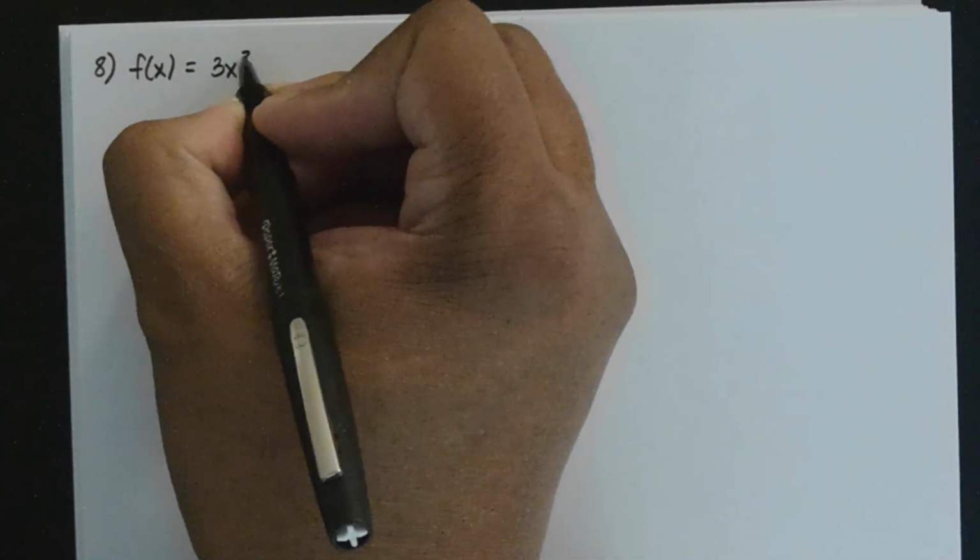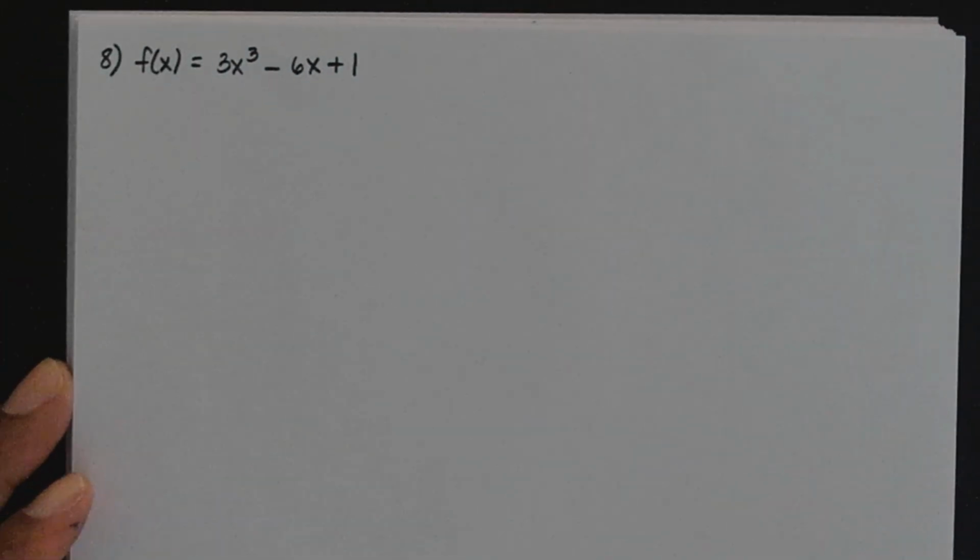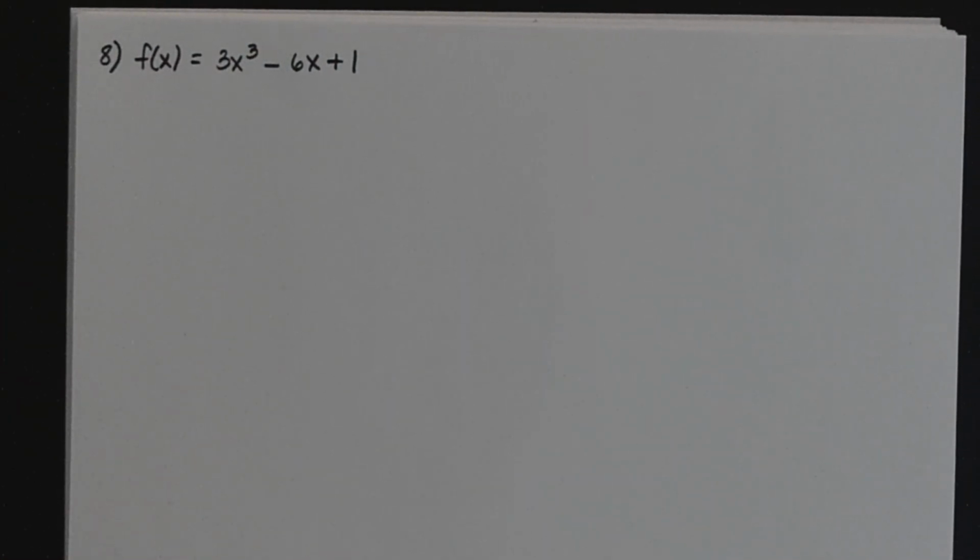So in this case here, number 8, we have the function f of x is equal to 3x cubed minus 6x plus 1. Here we want to determine whether that function is even or odd or neither.